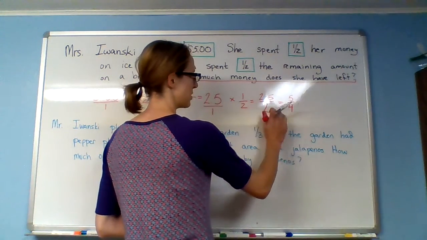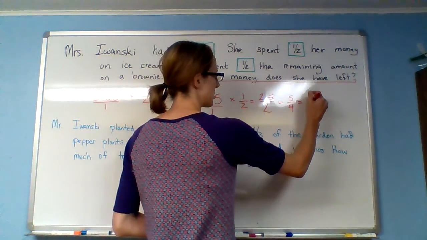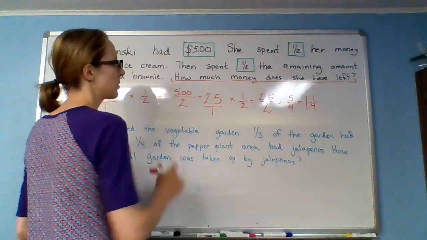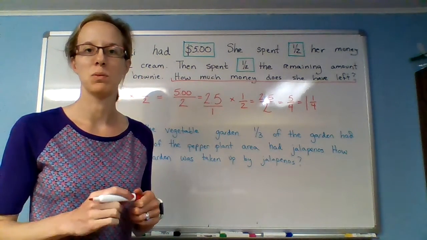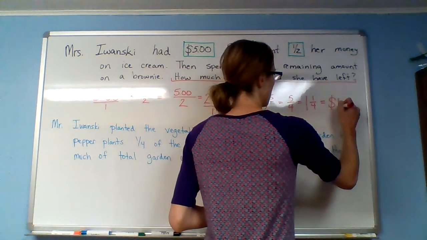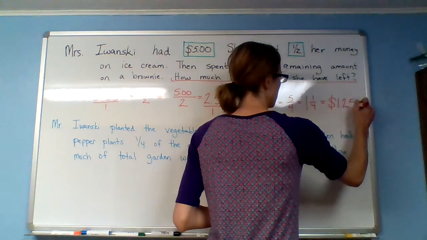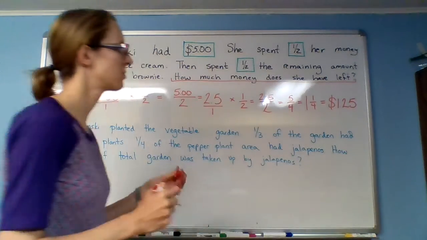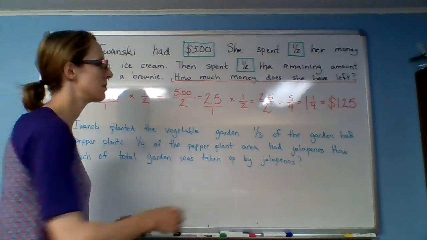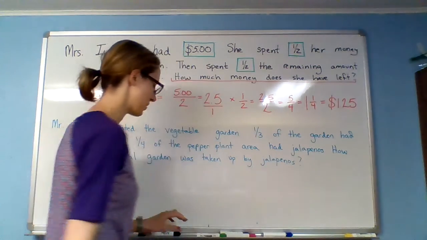I multiply top by 2 and bottom by 2, which means I have 1 and 1/4 left over. Normally in money, we don't say that I have 1 and 1/4 dollar. I would say $1.25 is how much she has left.